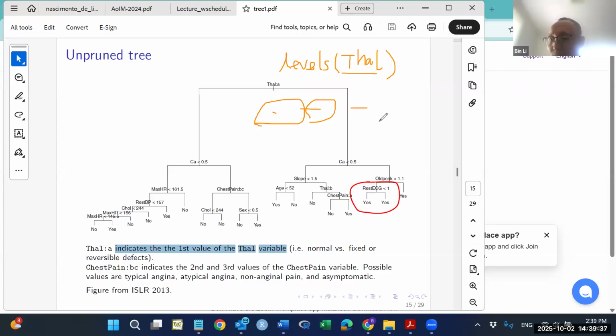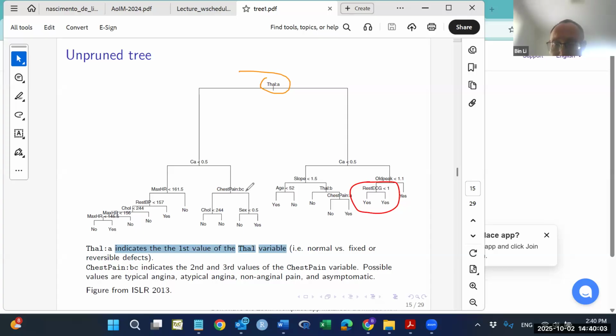The second one is the second level, the third one is the third level. So if you want to know which is the first, second, and third, you can easily see that through the levels function on that variable. Okay, that's very straightforward. This is just to tell you what that means. And here, for the chest pain, that's another categorical variable.